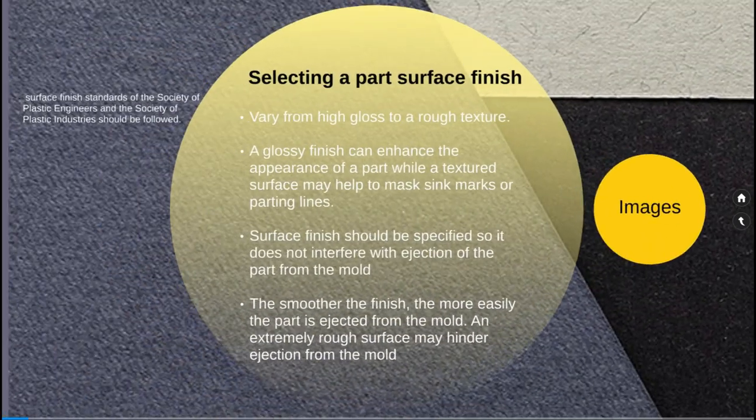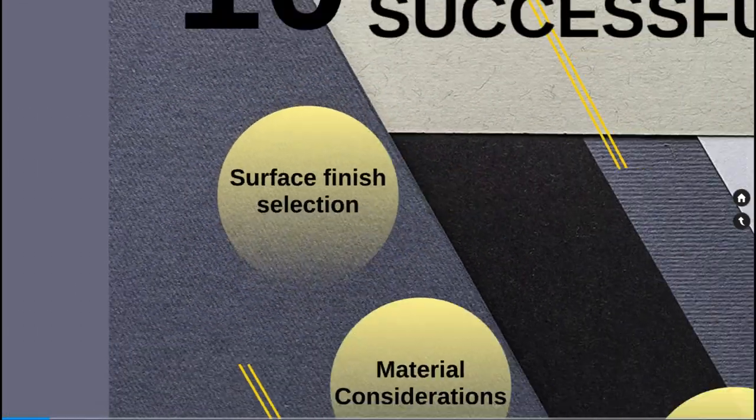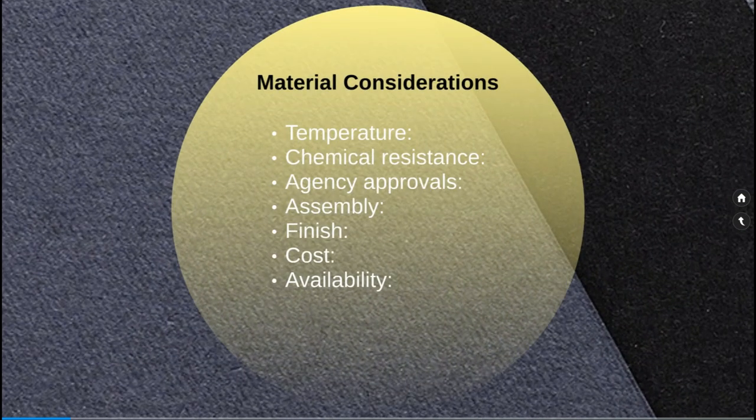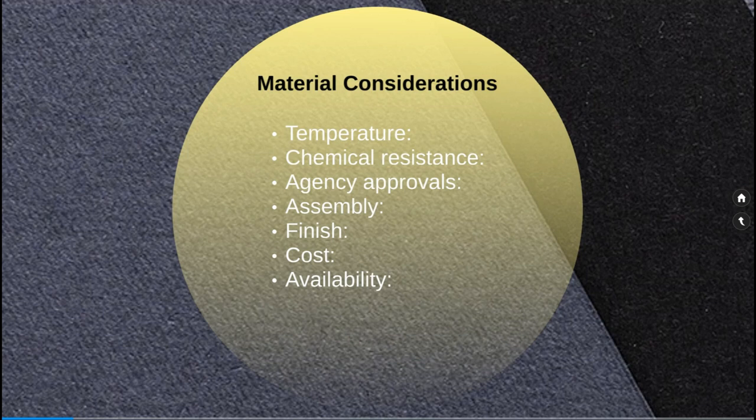And next is material consideration. When you choose a material for the component for a product, you may need to evaluate multiple parameters. You should know where the part is going to be used and what kind of environmental conditions it has to withstand.